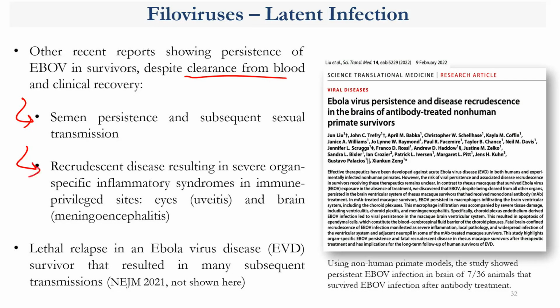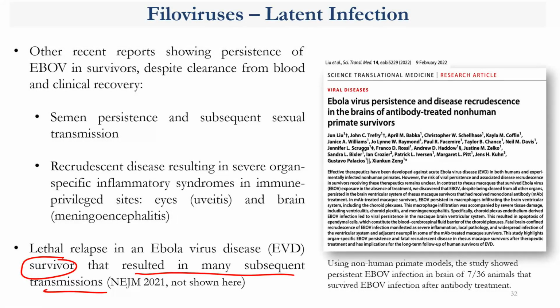If the disease does reoccur, it results in a severe organ-specific inflammatory response, and specifically this could happen at immune-privileged sites, so in the eyes as well as the brain. There was a lethal relapse in an Ebola virus disease survivor, and that survivor then went on and infected multiple people.